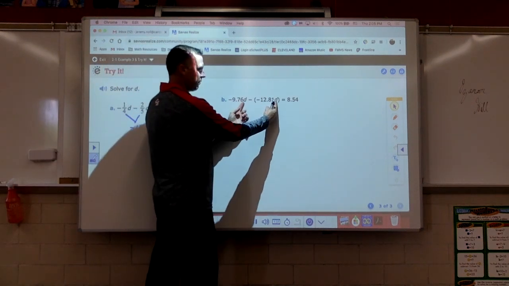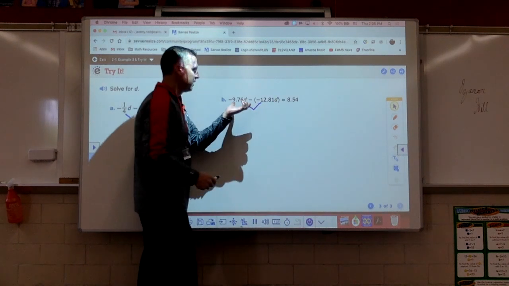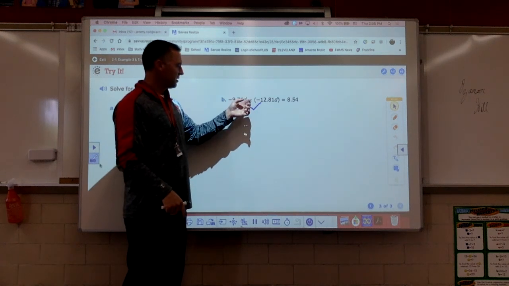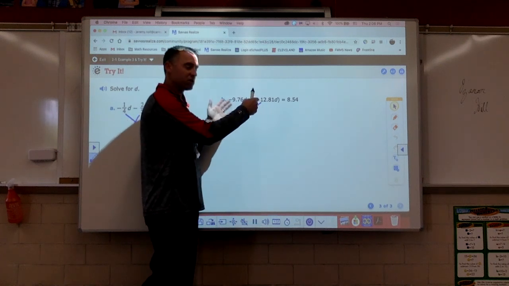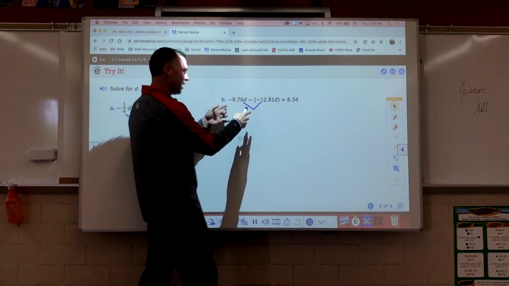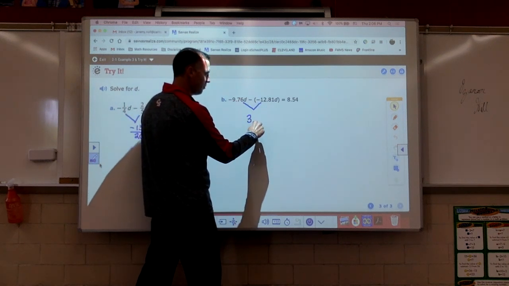Once again, these have the same variables, so we can combine them together as we solve. If you remember back in the good old days, subtracting a negative number is the same thing as adding a positive value. So when you type this in, don't be surprised by what you get. I think if you were to combine these, we've got a 3.05.